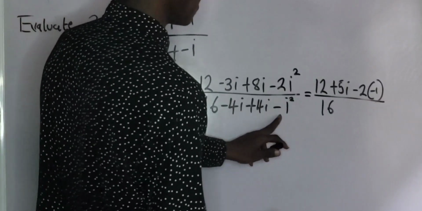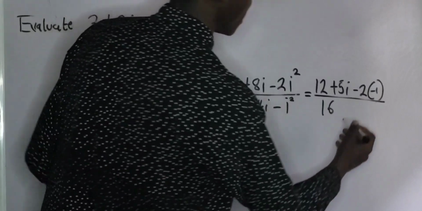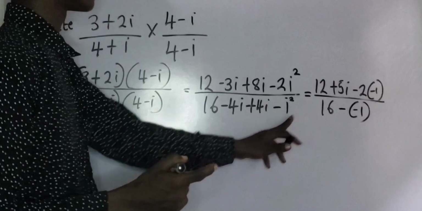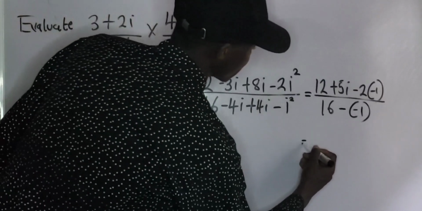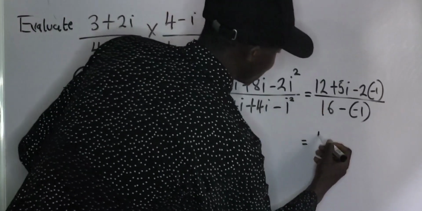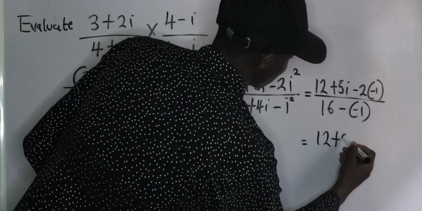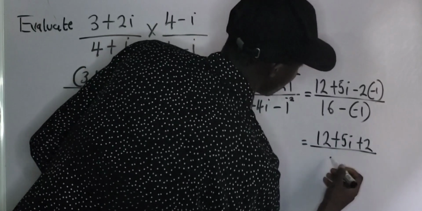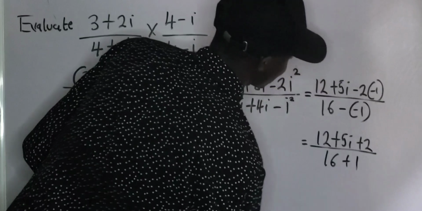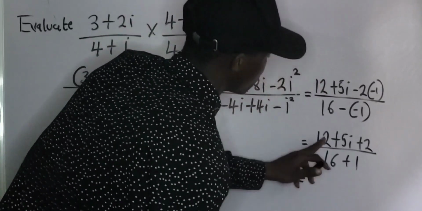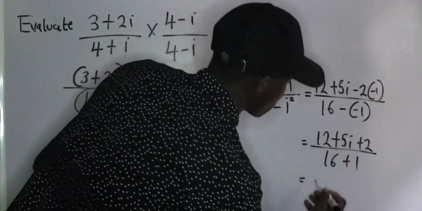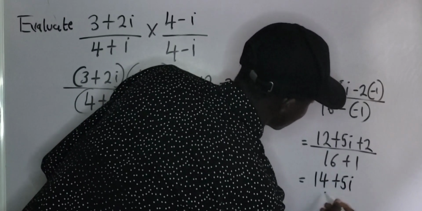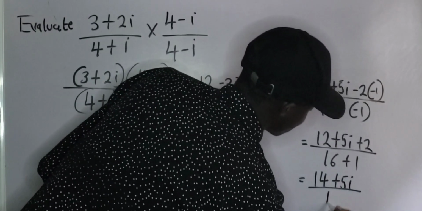So for this, I'm going to have minus i squared, minus times (minus 1), because i squared is minus 1. Now let us proceed. I'm going to have 12 plus 5i plus 2, all over 16 plus 1. Collect like terms. 12 plus 2, that is 14. I'm going to have (14 plus 5i) all over 17.